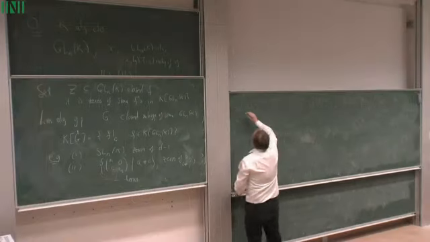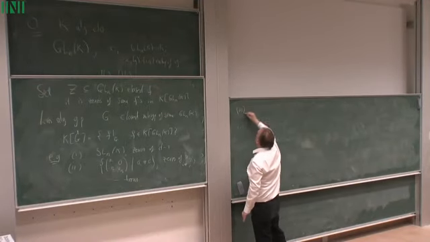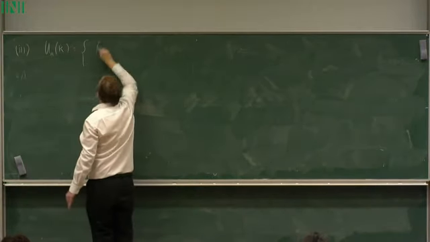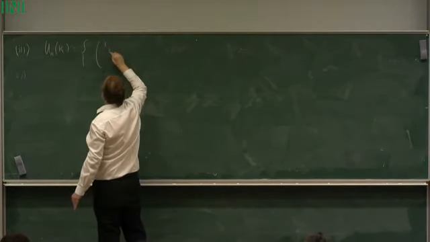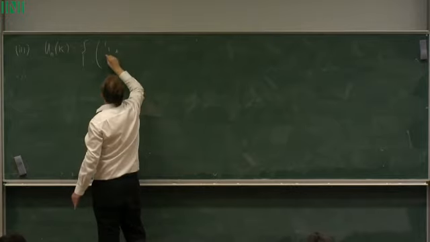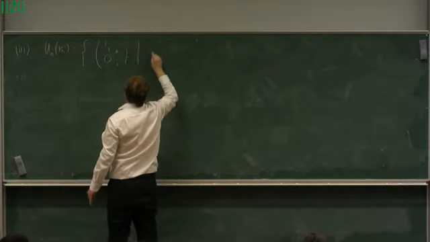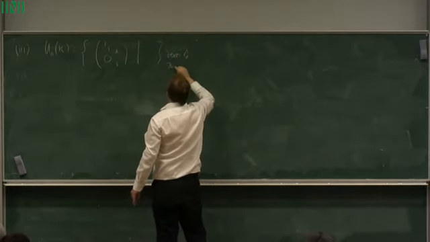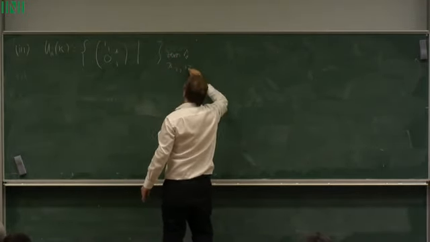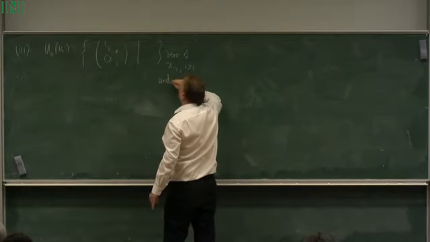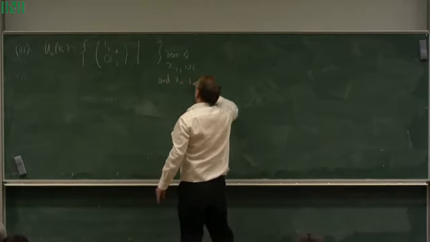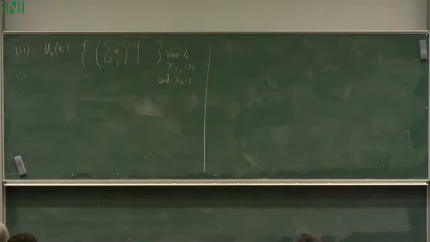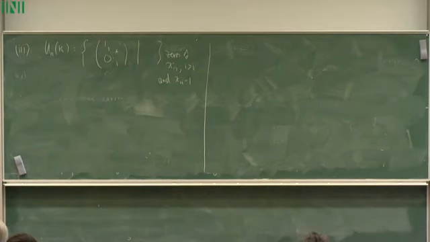And U_n(K), the group of unipotent matrices, and that's the zeros of x_ij where i is greater than j, and x_ii minus 1. So those are three key examples of algebraic groups.